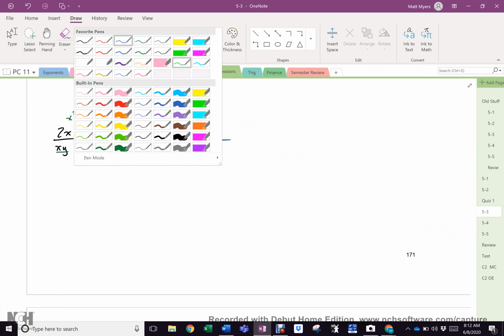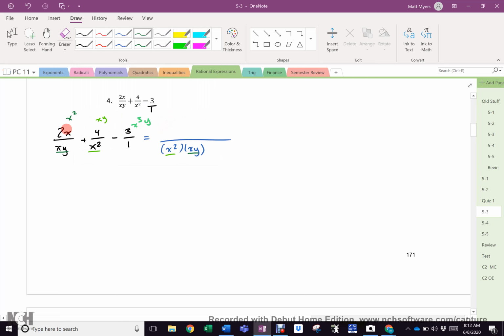That's going to be 2x cubed plus 4xy minus 3x cubed y. Right?